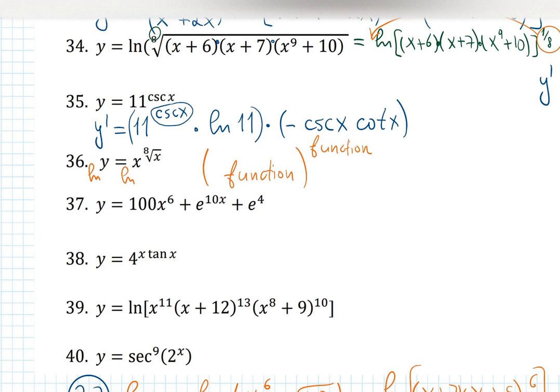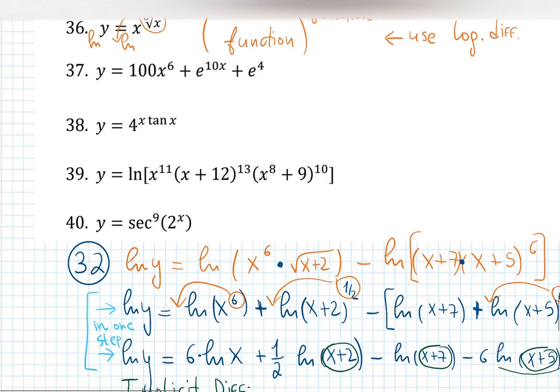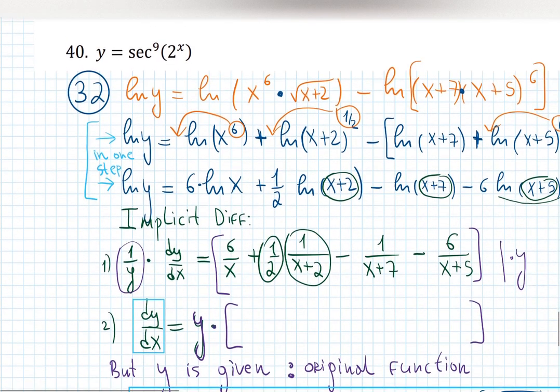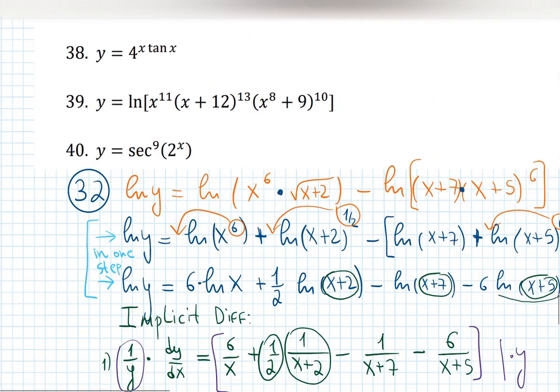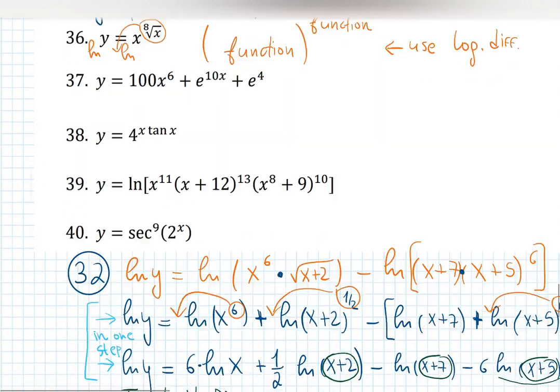But if you have x as a changing variable raised to some function that is changing as well, then use logarithmic differentiation to get rid of this situation. Because when you use ln for both sides, this piece will go down and will be just multiplied by log. Number 36 definitely requires more space. We're going to have natural log of y equals natural log of the right hand side, x 8th root of x.